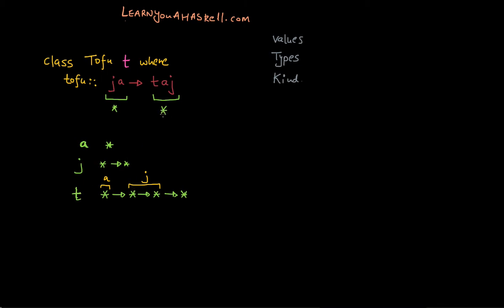Now that I know the kind of what t needs to be, I can start thinking: if I would like to make any type an instance of my type class Tofu, what needs to be fed here?